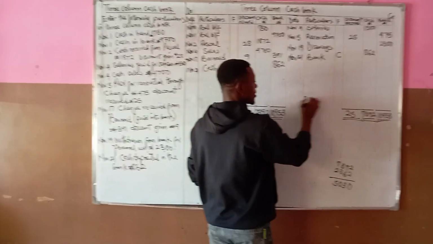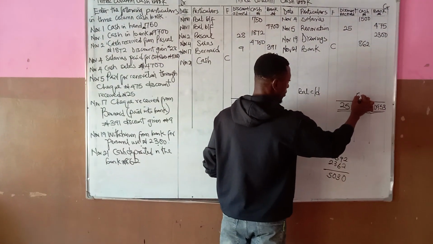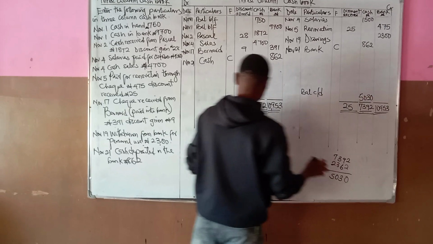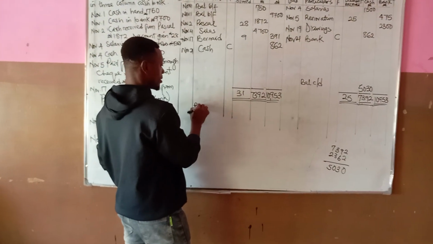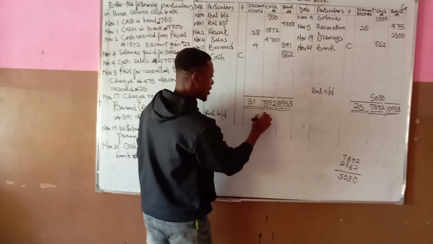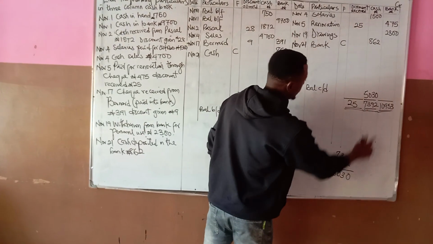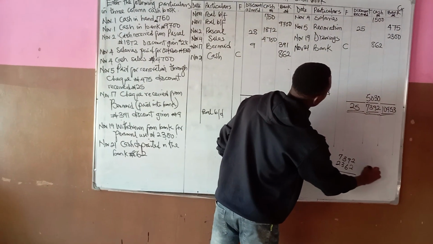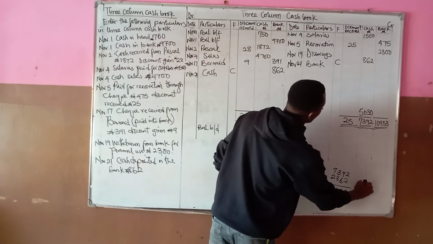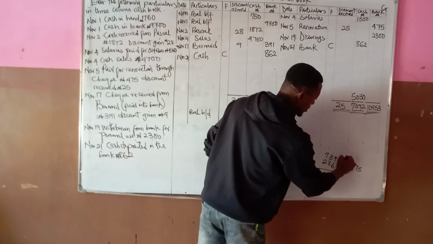So my balance carried down will give me 5,030, which will bring me here, balance brought down, which is 5,030. Then on the side we have 475, which will give me 5,772.